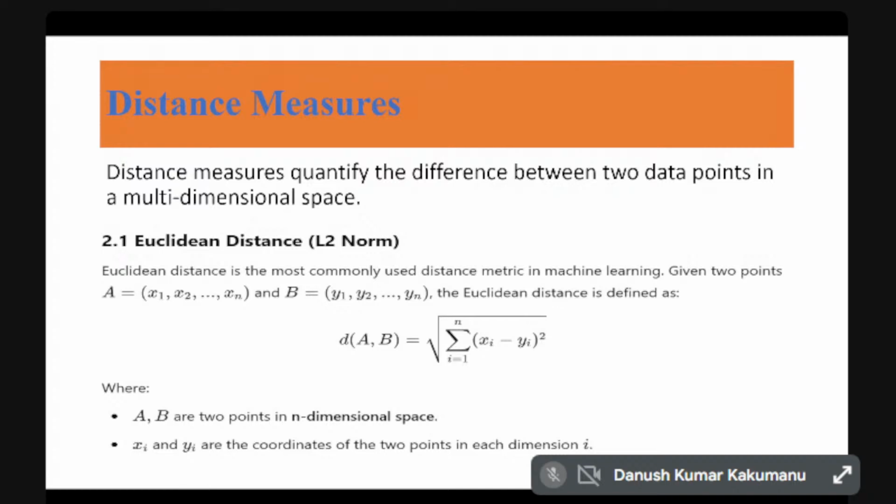Among these 4 formulas, you have to tell which is very easy for us to implement in your project. Right now, first one, Euclidean distance.